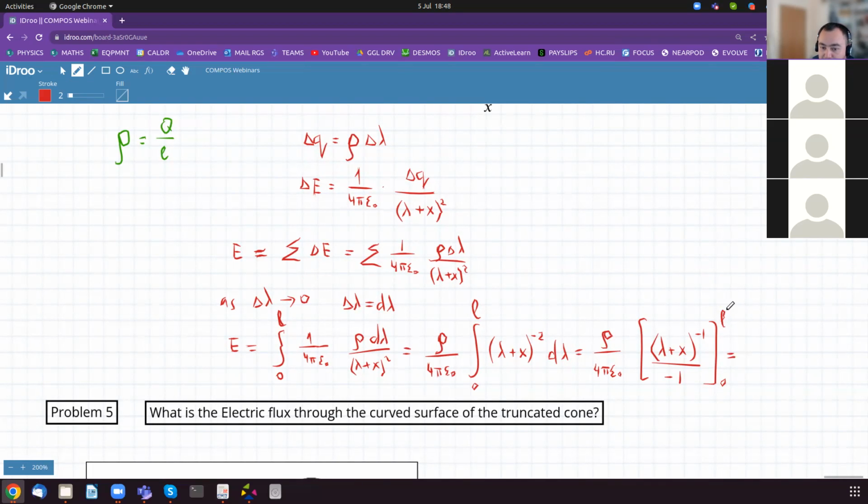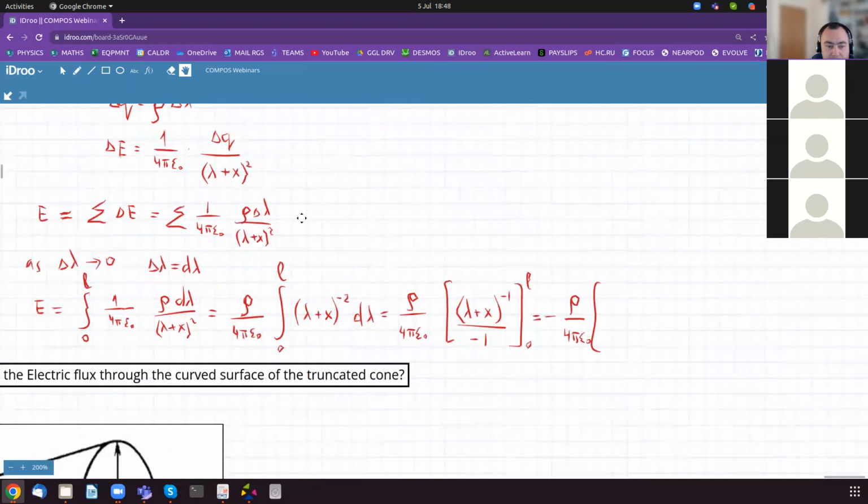So substituting L into this and taking out the minus, it's going to be minus rho over 4 pi epsilon naught times 1 over L plus x minus 1 over x. And you find the common denominator here.